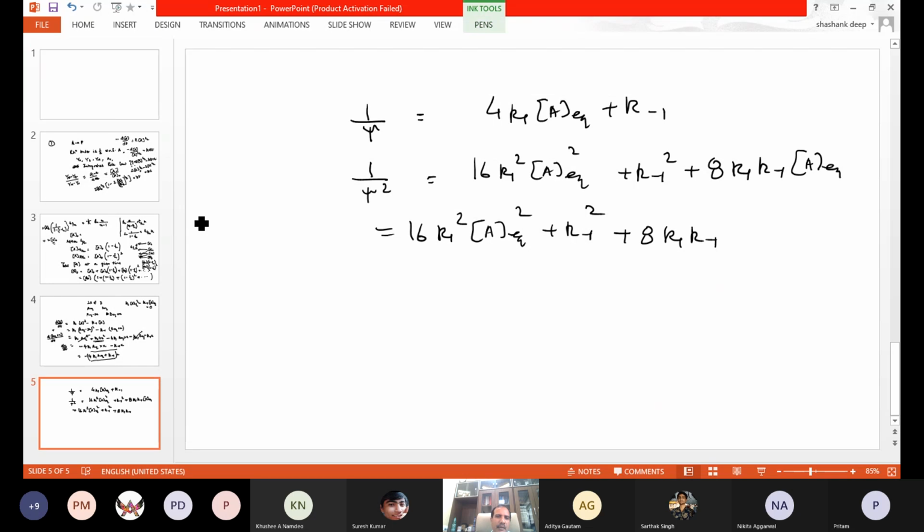Where is it given in the question? S naught is equal to 2D plus A. Am I right? So what you can write is A equilibrium will be equal to S naught minus 2D equilibrium.